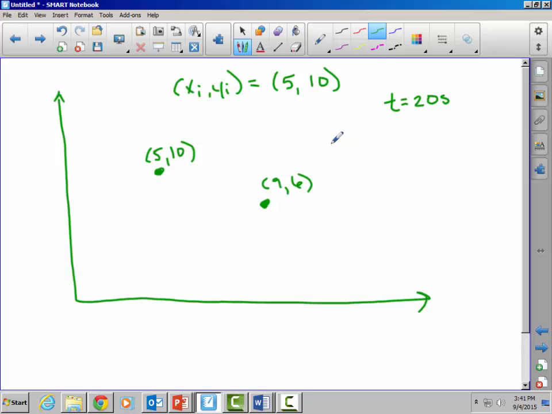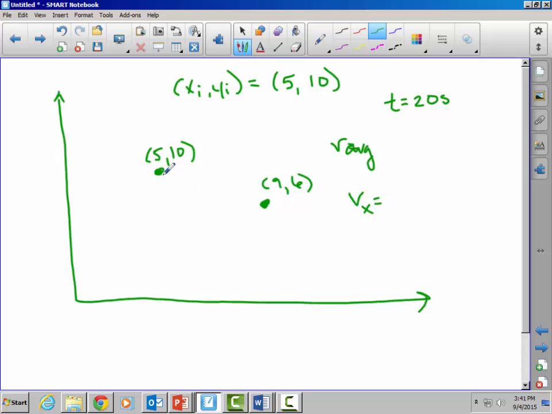So let's talk about its velocity, its average velocity as it moves from this dot to this dot. So the first thing we need to do is to determine what is its velocity in the x direction, what is its velocity in the y direction. So let's look at what's happening in the x direction first.